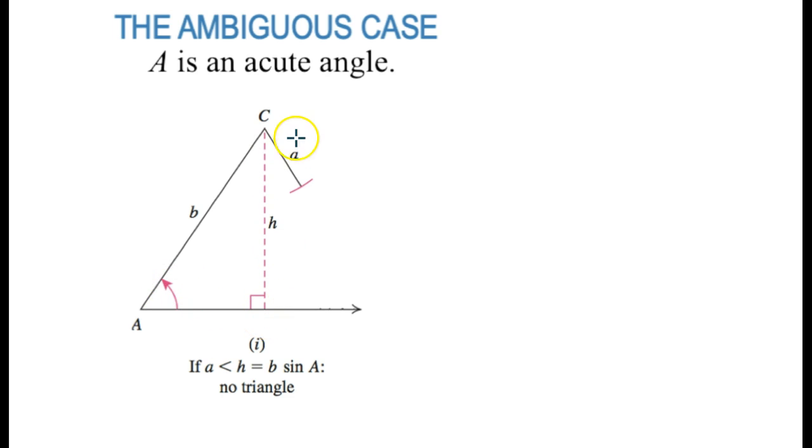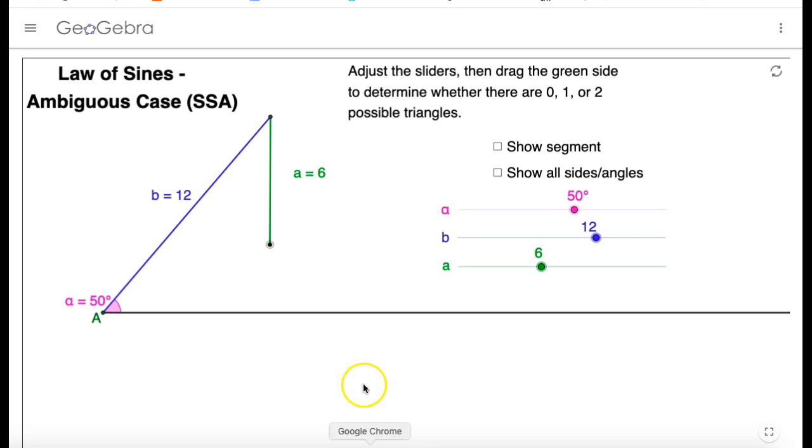So if this side A, the side opposite the given angle, is less than the height, we end up not being able to create a triangle. Now let me give you another, maybe better visual of that. Let's say that we're given angle A is 50 degrees, side B is 12, and side A is 6. We're not given an angle right here, so I could drag this side however I want.